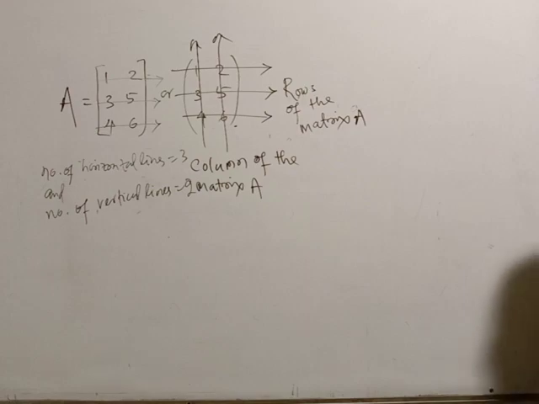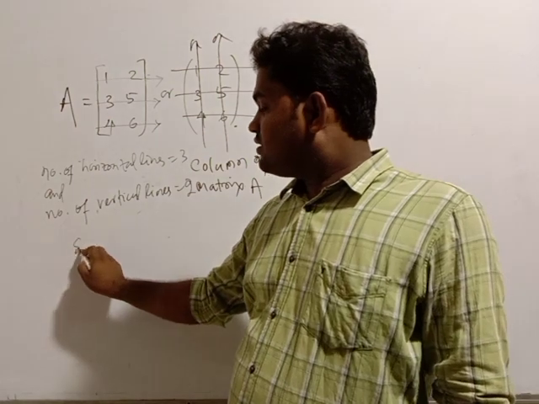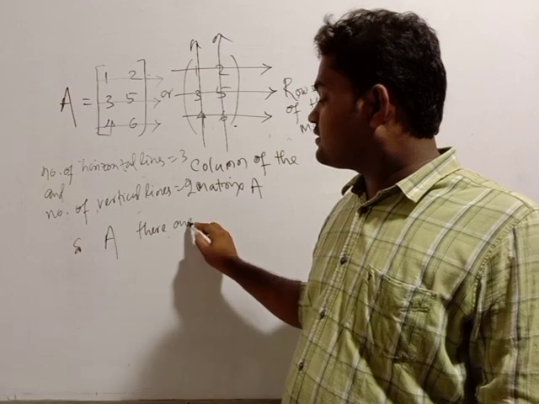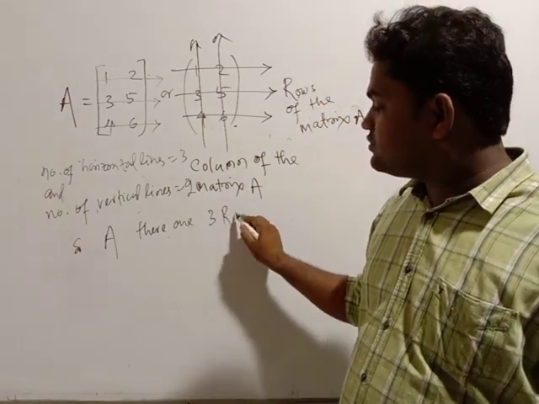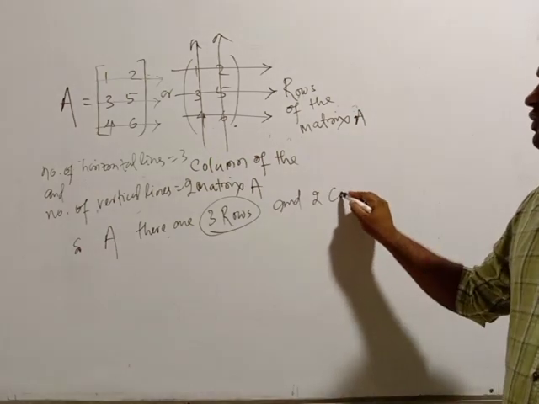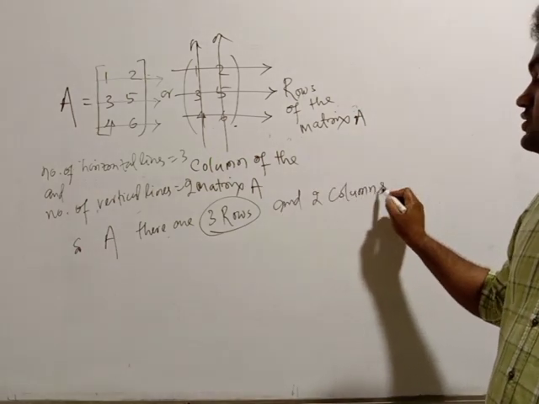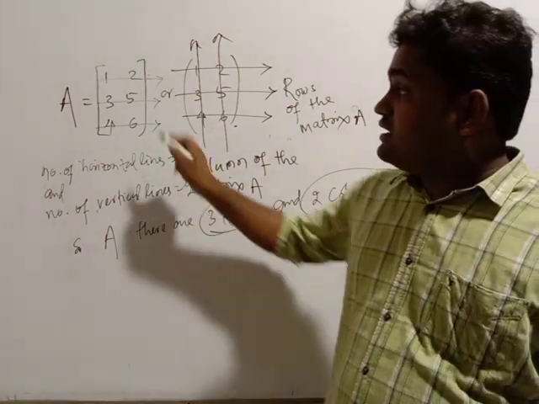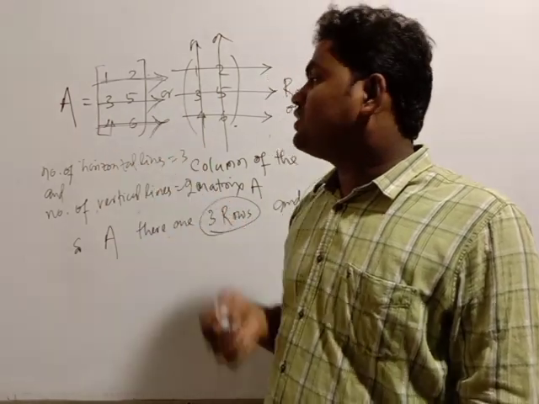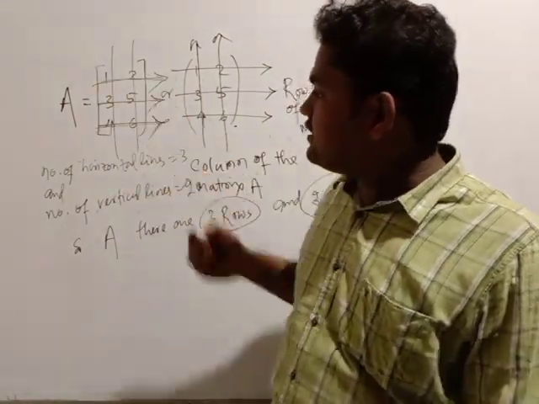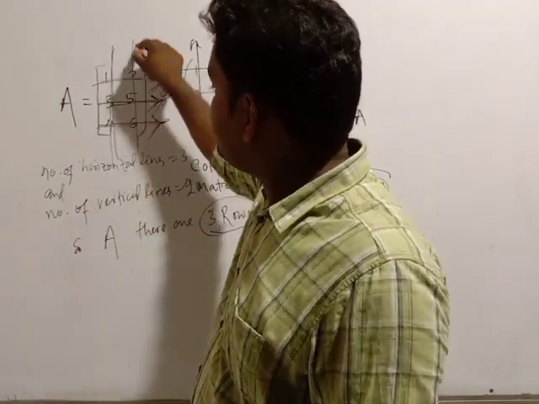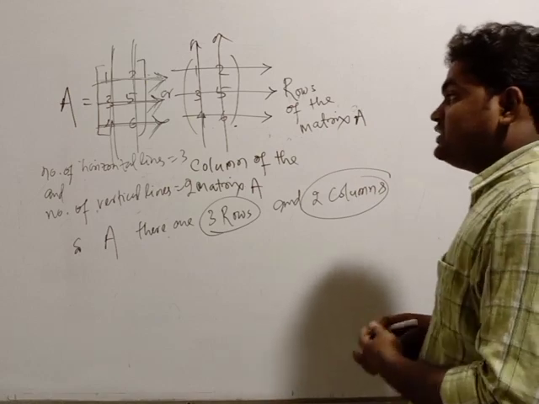So in this matrix A, there are 3 rows and 2 columns, because the horizontal lines are called rows and the vertical lines are called columns of the matrix.